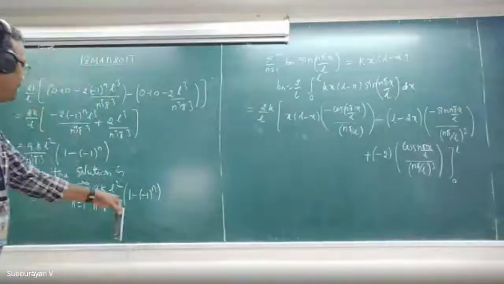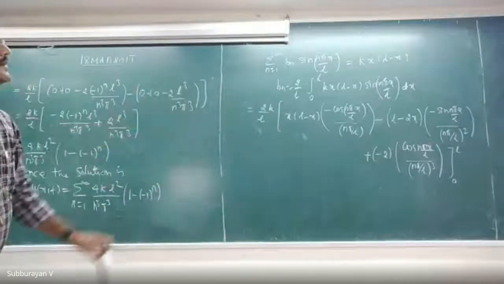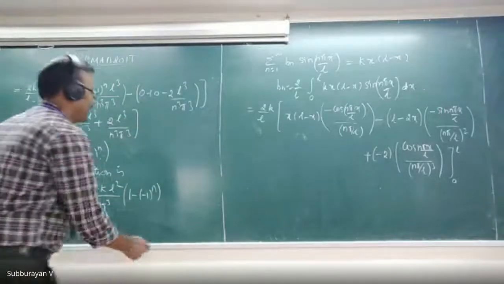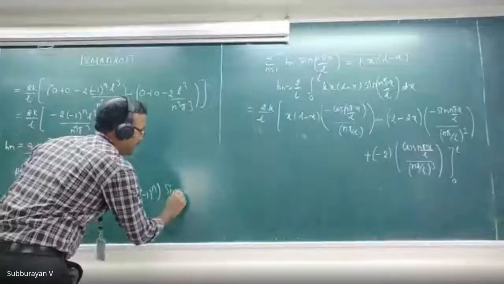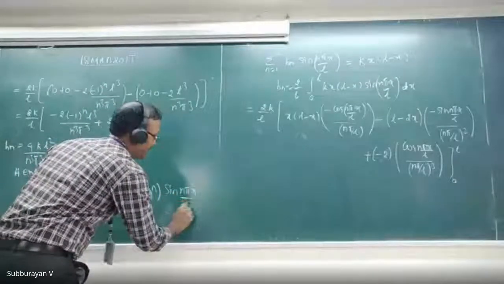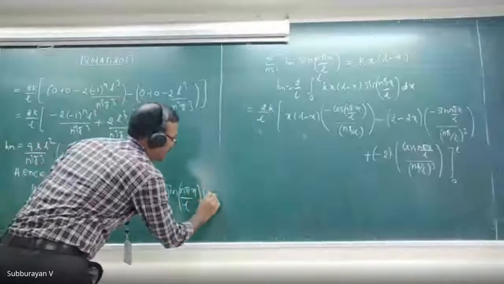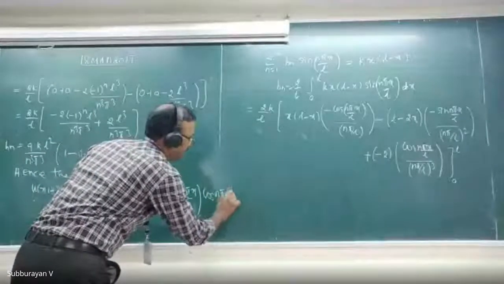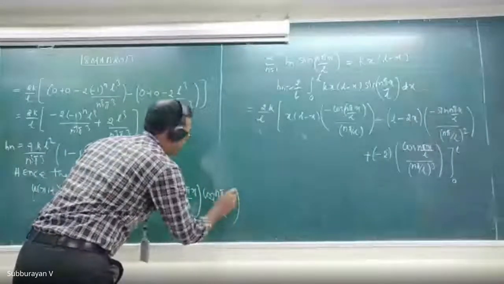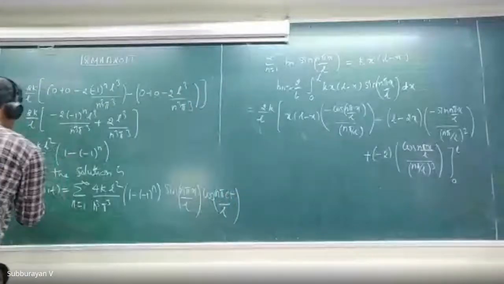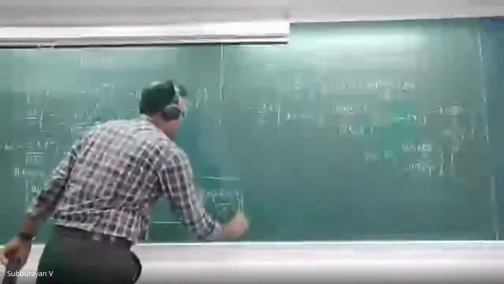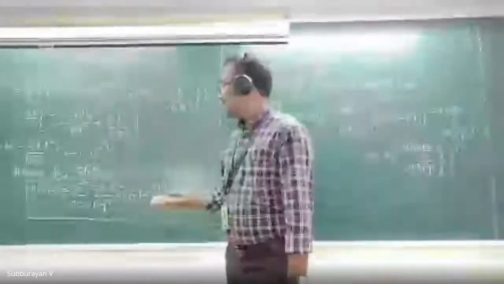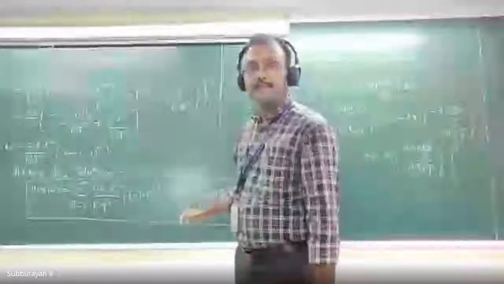We are replacing Pn by this, but the original series expansion is sin(nπx/L) cos(nπct/L). This is the required series solution for the above physical problem. You can verify that it has oscillating nature.